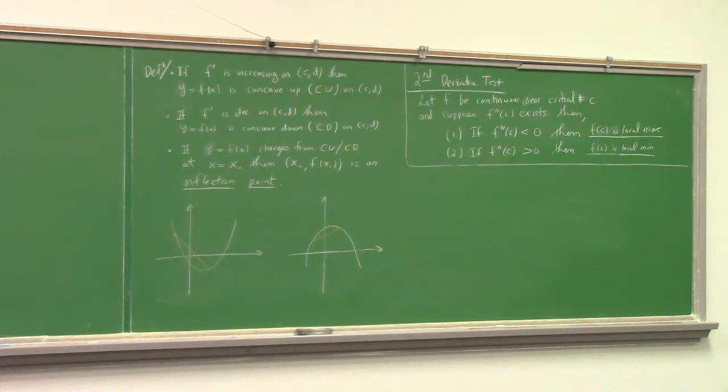Are there any critical numbers? So set it equal to 0 for critical numbers. That gives us e to the x equals minus 1.